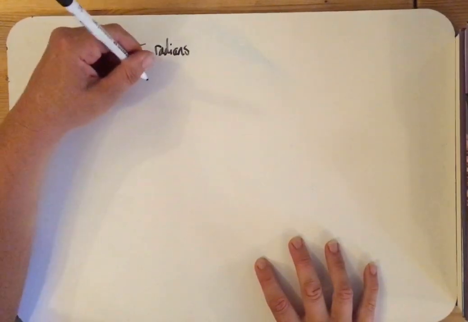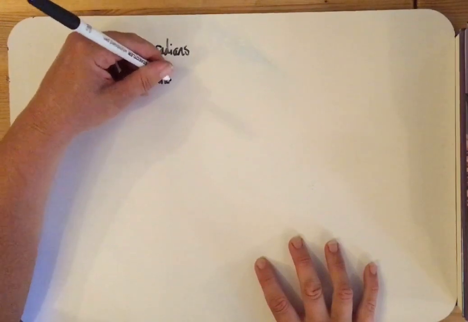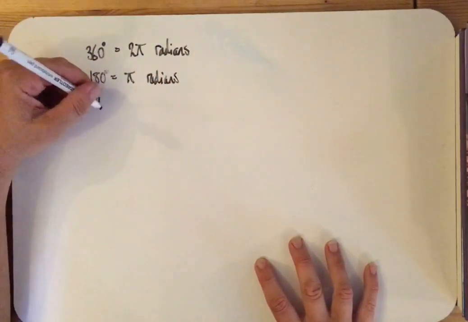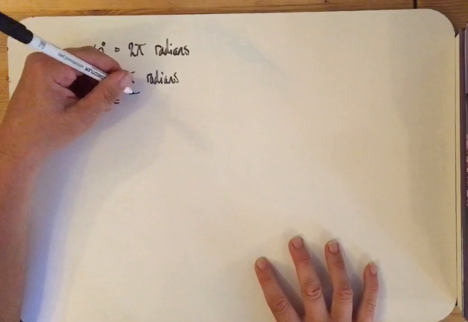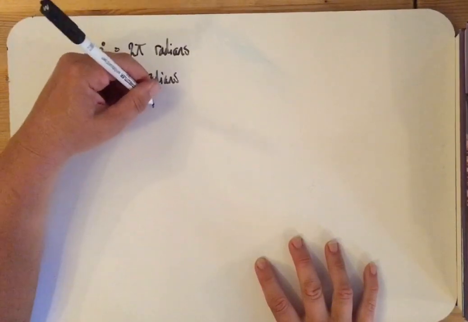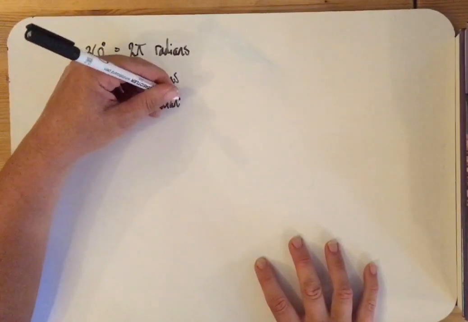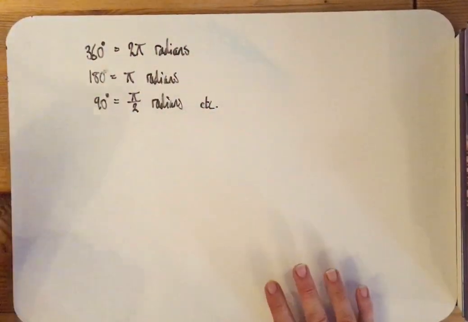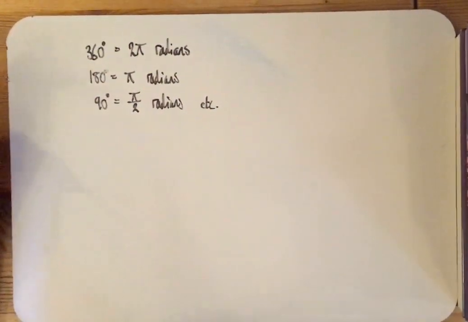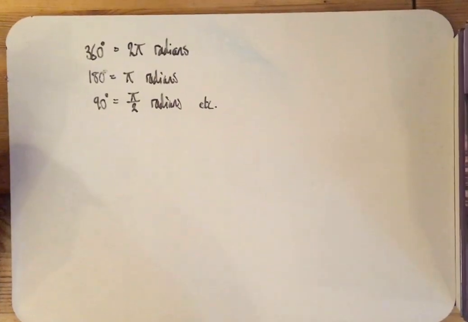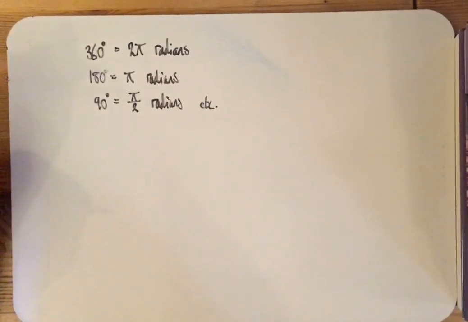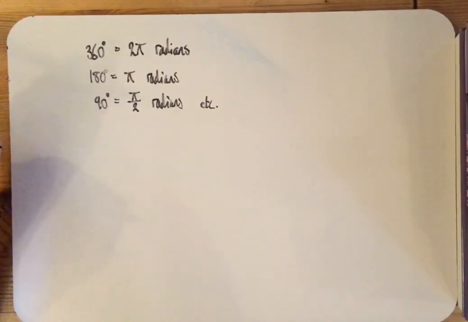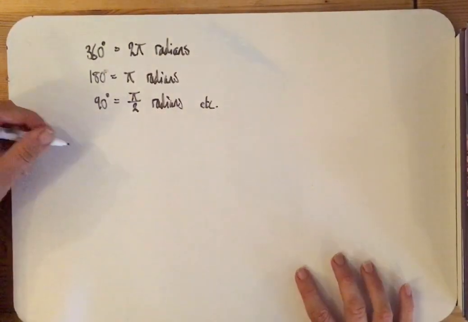You'll get used to this quite quickly actually. 90 degrees is pi by 2 radians, etc. So the main angles you'll just kind of start to think in radians. It takes a little while. I've always weighed myself in stone, and I can't think in kilograms very well with people's weight. So it's the same sort of thing, but the more you use a new unit, the easier it becomes.